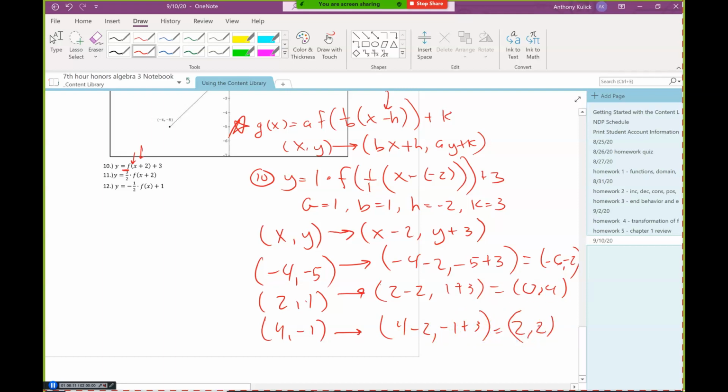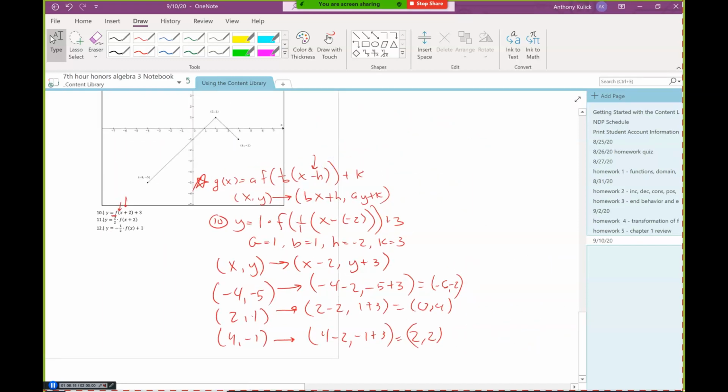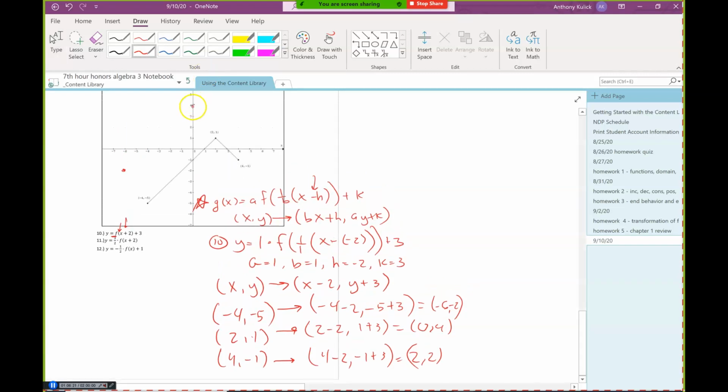And that's my last new point. So now I'll just go back to my graph and plot those. So that's 6, -2, 0, 4, and then 2, 2. And there is my new image.